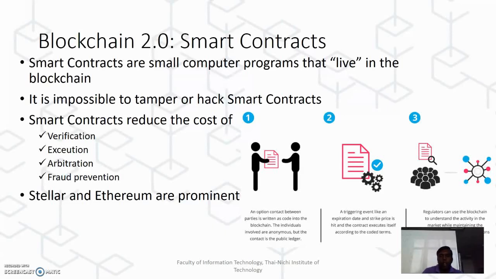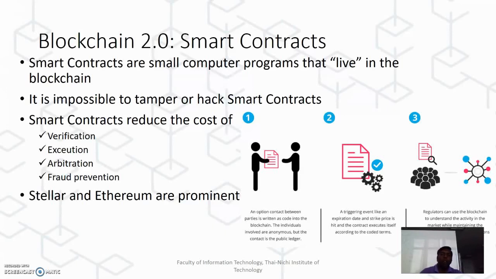You are going to have a contract with your landlord to stay in a particular place, and you will be given a set of conditions, and the landlord also will be given a set of conditions. If either of you violates the conditions, then the contract is at stake. Likewise, here for any transaction to happen, you have a set of conditions to follow, and it has to be validated, verified, executed, and arbitrated so that it prevents fraud.